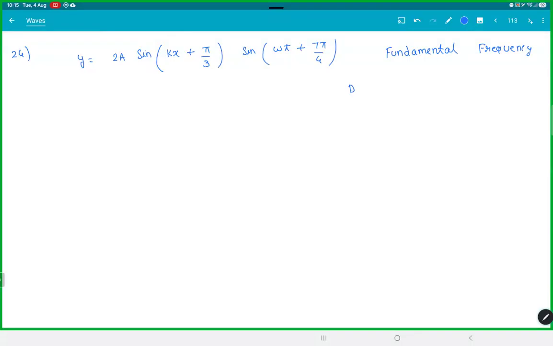Draw the shape of the string at t equal to 0. This is also a stationary wave. This is another type of question I never touched, a general equation of a stationary wave. Think, how will you do this?